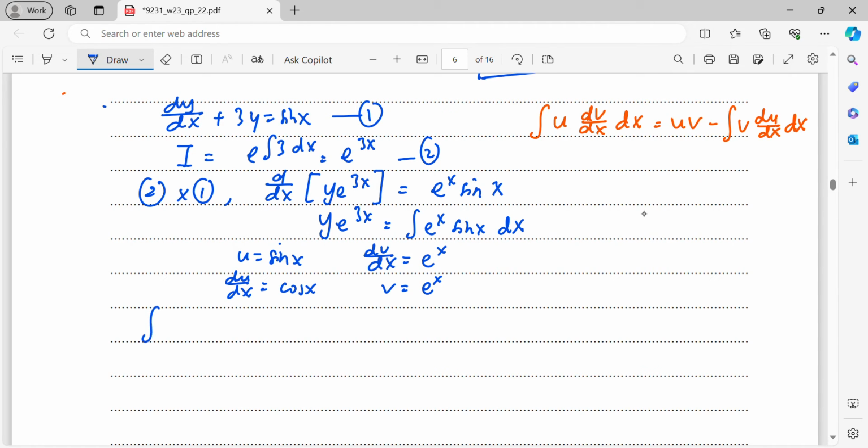Now I will solve the integration first. That is uv, so e^x sin x minus integrate v du, so e^x cos x dx.